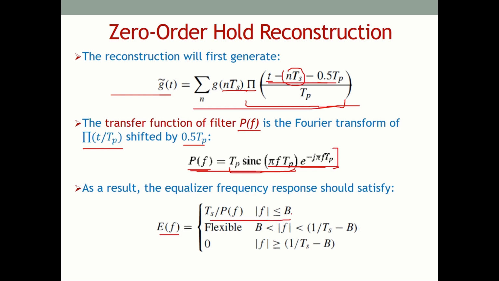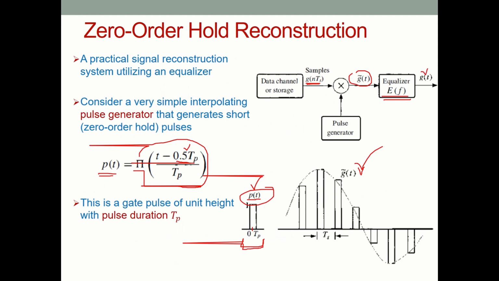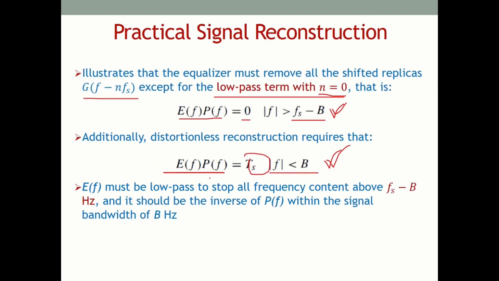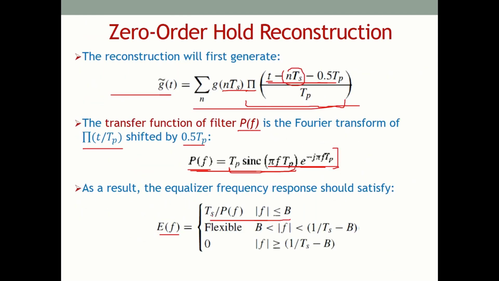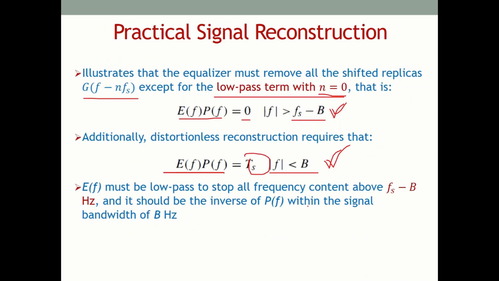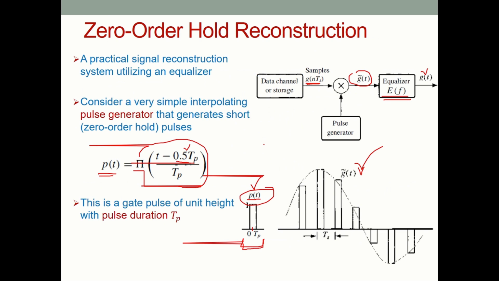Within this bandwidth B, as we said in here, this PF is TS divided by EF. So this is what we see here. And then when the frequency is greater than 1 by TS, which is Fs minus B, when it's greater than this, the product should be 0.